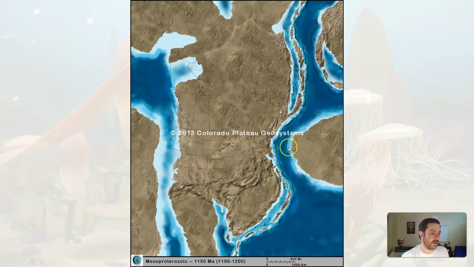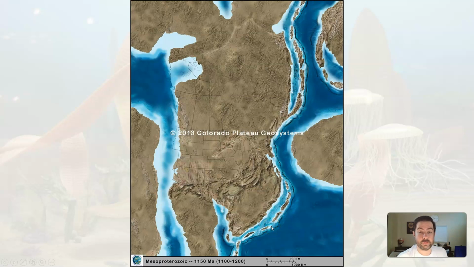Notice where Laurentia ends, kind of where the Grenville orogeny was, which is actually this stuff down here. And now this is the beginning of the formation of Rodinia.